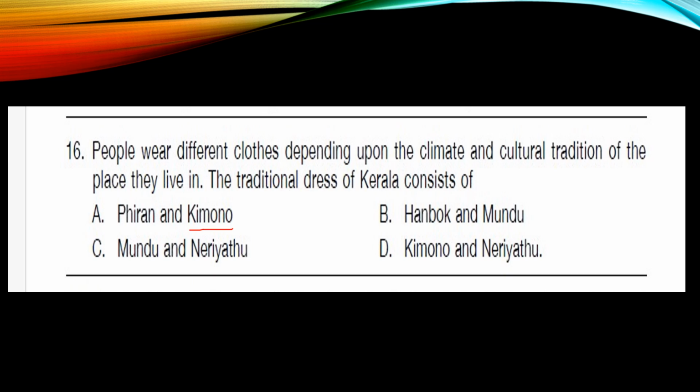Kimono is a traditional dress of Japan and Firan is a traditional dress of Kashmir. Hanbok is a traditional dress of Korea and mundu is from Kerala. So these options are incorrect. B is also incorrect. D is also, because kimono is from Japan. So answer is option C, mundu and neryathu.